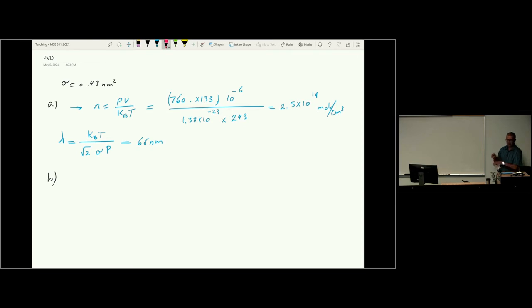So you go from 760 to 10 to the minus 7. Look at those numbers, and you will see that n is going to be 3.3 times 10 to the 9 molecules per cubic centimeter, and lambda is 500 meters, right?